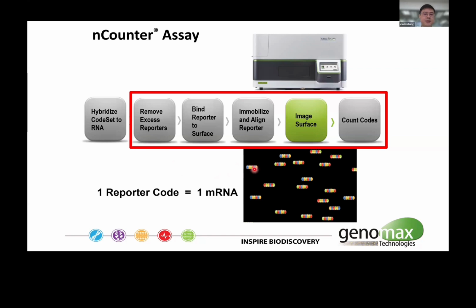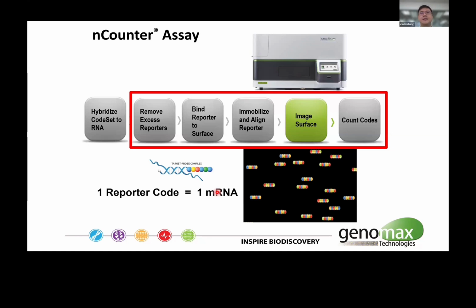Instead, it measures the fluorescence signal just to identify which barcode this is, and which gene that barcode identifies. Each barcode counted is equivalent to 1 molecule of messenger RNA if you're running a gene expression assay, because each barcode comes from one set of probes hybridized with 1 molecule of messenger RNA. This method is what they call direct counting. It directly counts the number of molecules found on the scanning area on the cartridge, which is a bit similar to NGS.